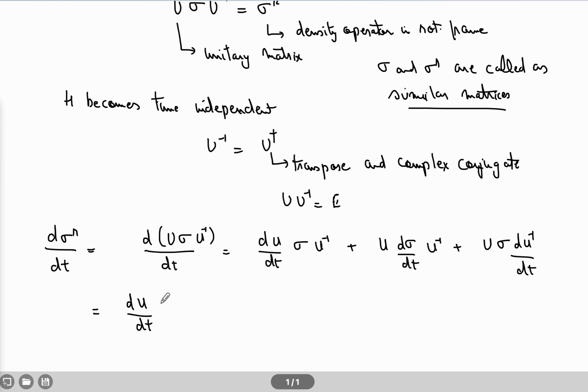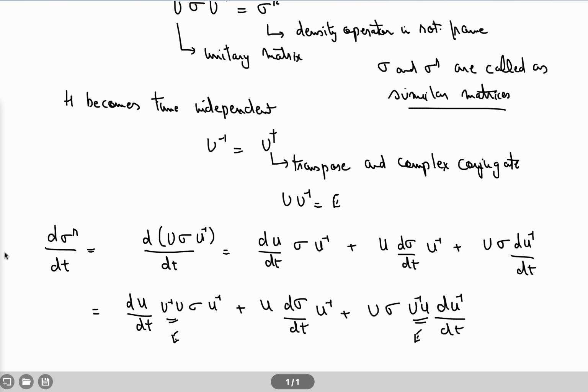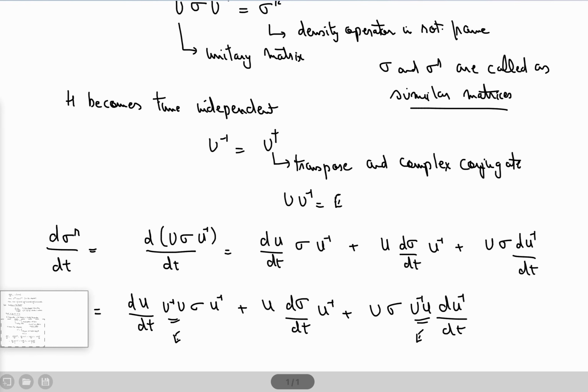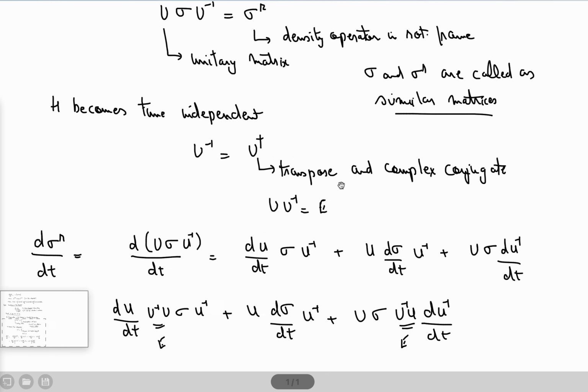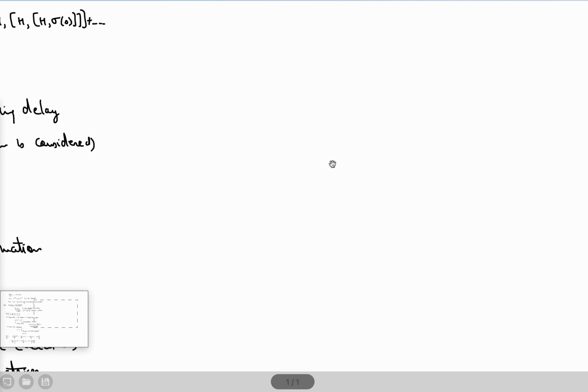So I insert U inverse U here, sigma U inverse plus U d sigma/dt U inverse plus U sigma, and here I will insert U inverse U, dU inverse/dt, right? So this is equal to E and this is also equal to E. Both of these are equal to E, so I can do this multiplication. Okay, now let's see what I get over here.